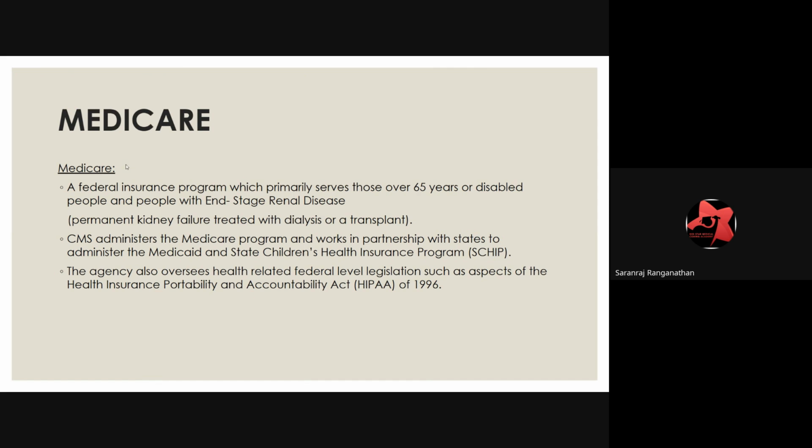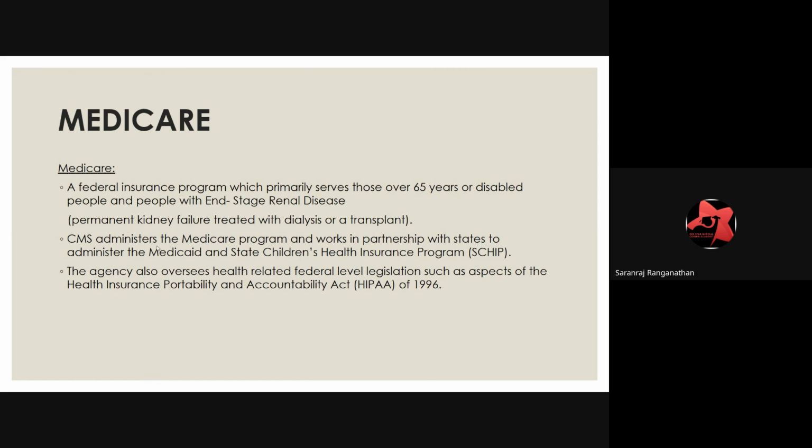It is a government insurance and it primarily serves whoever crossed 65 years, disabled people, and people with ESRD, end stage renal disease. Okay. And permanent kidney failure treated with dialysis or transplant.